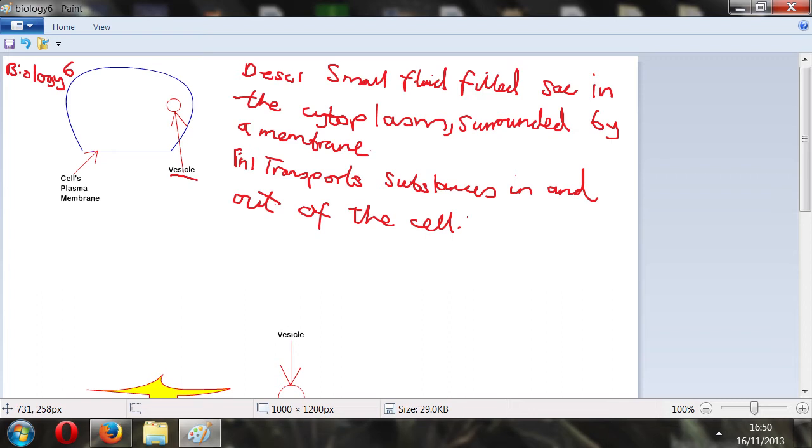Some are formed by the Golgi apparatus or the endoplasmic reticulum. We're going to be moving on to the Golgi apparatus in a minute. So some are formed by one going to the Golgi apparatus or to the endoplasmic reticulum.